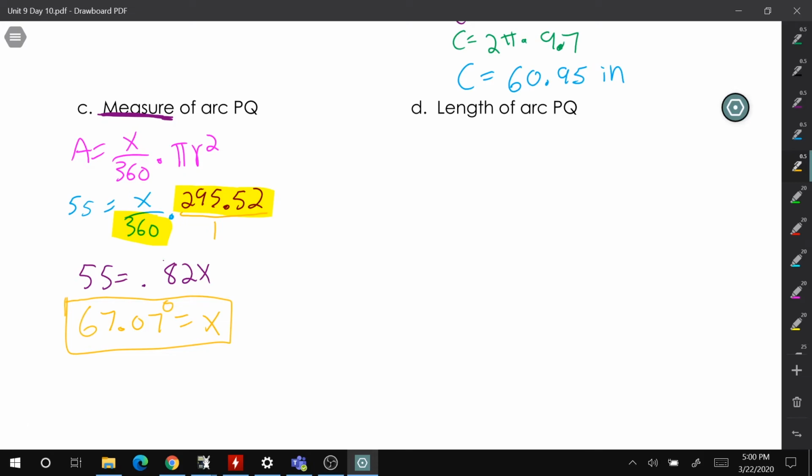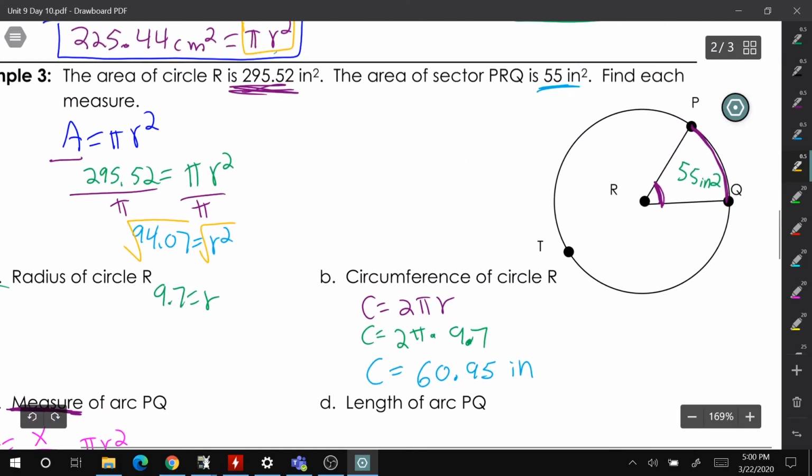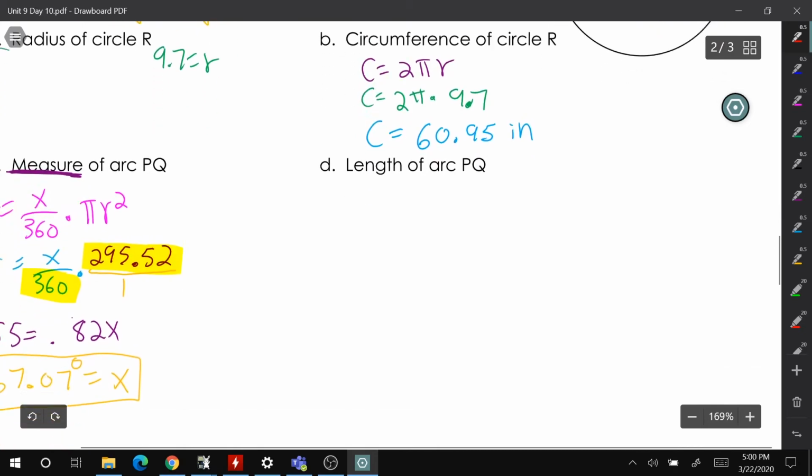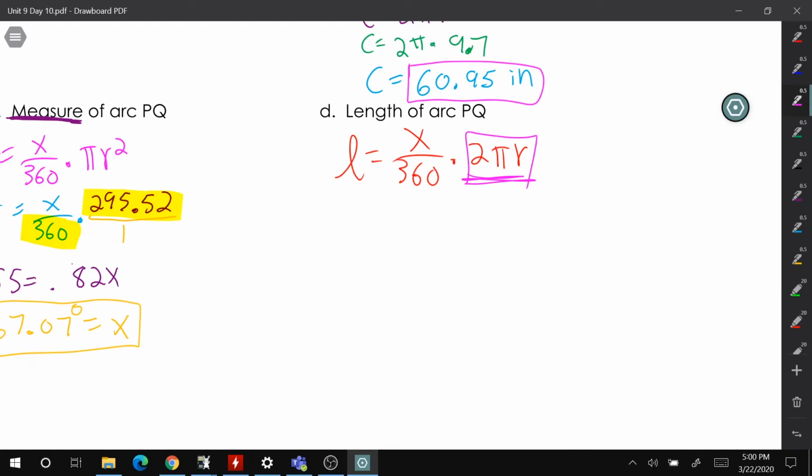Now we can take that arc measure and find the length of arc PQ. So now we're trying to find the actual distance from P to Q. The arc length formula is x over 360 times 2 pi r. Now you could take this circumference and replace it with what we calculated up here, or you can just recalculate it.